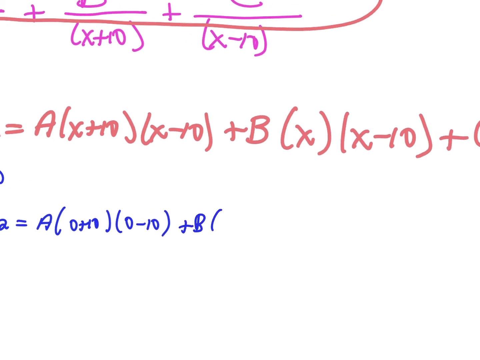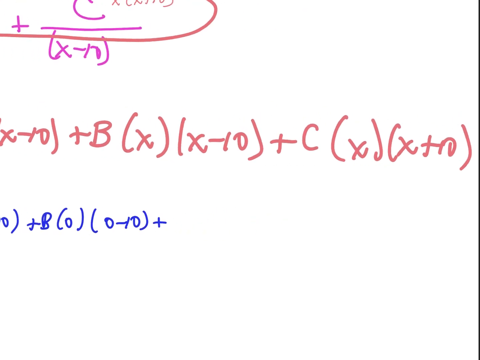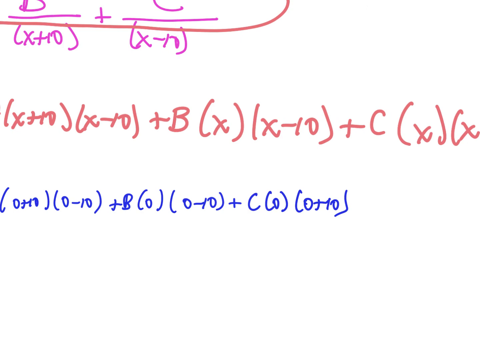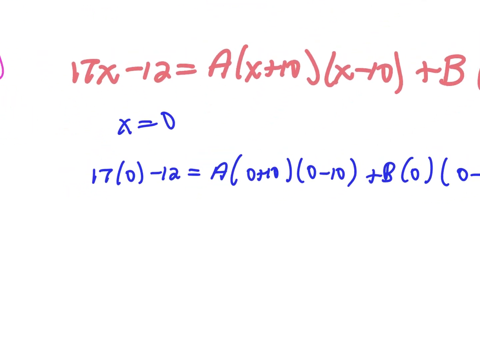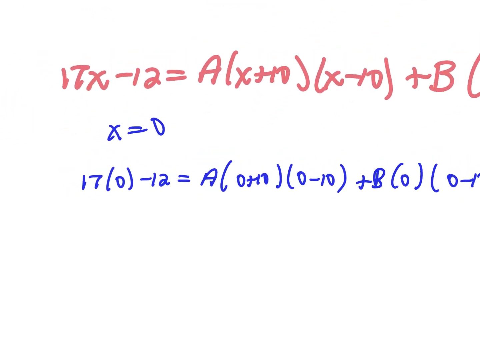Plus B times 0 times 0 minus 10, plus C times 0 times 0 plus 10. Questions on how I just filled everything in? This looks like, oh my gosh, I can't believe this whole big problem. It's not bad, guys.